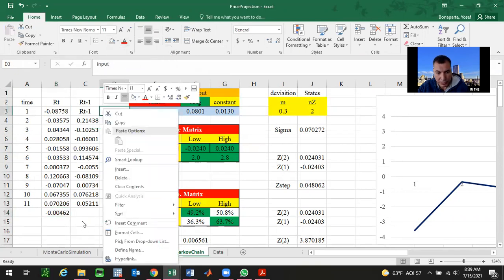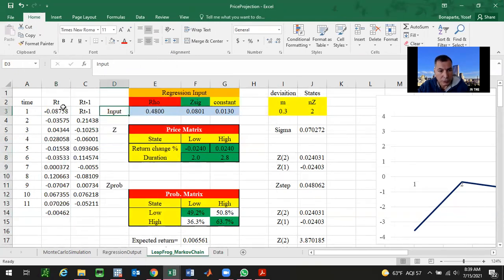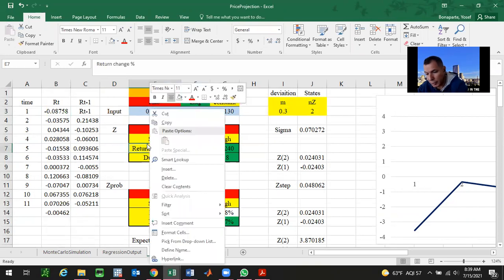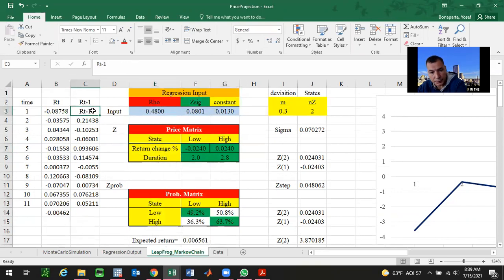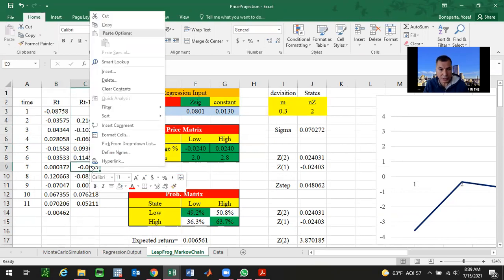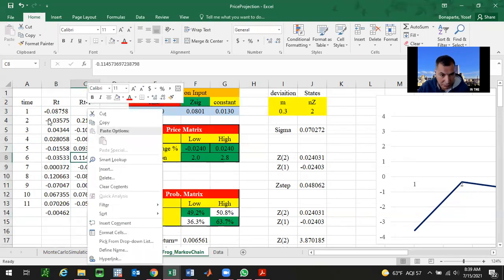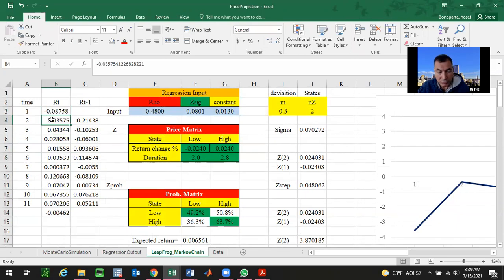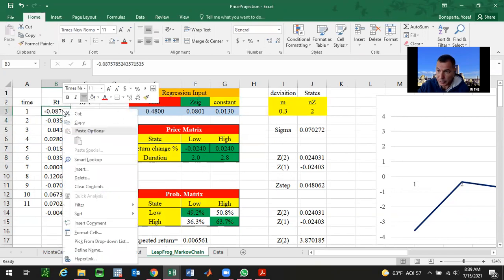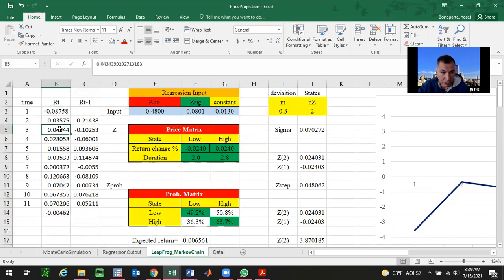So that's the last observation I needed. So this is RT. I need to calculate something called RT minus 1. So what's our RT minus 1? If this is the return today, the question is, what's the lag return? The lag means the previous one. Well, the previous one is 0.08. If this is the return today, what's the previous one?